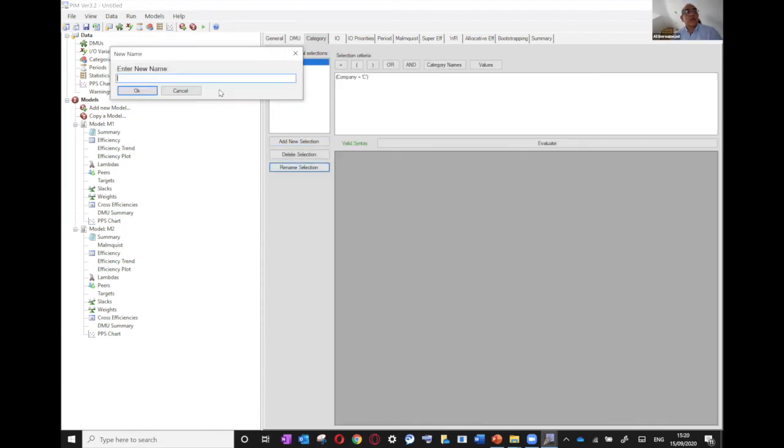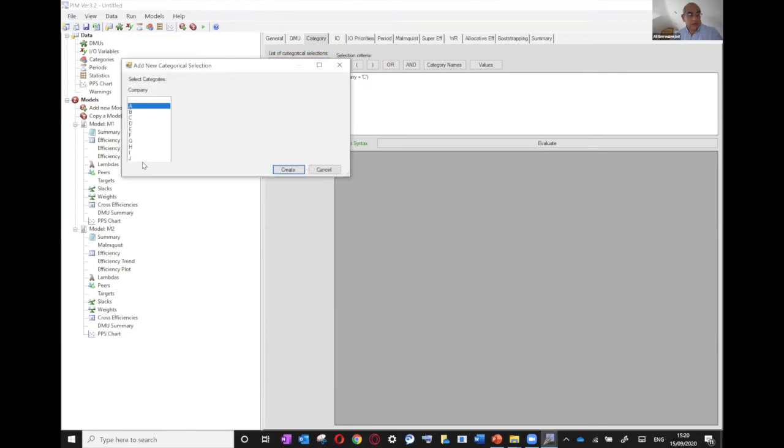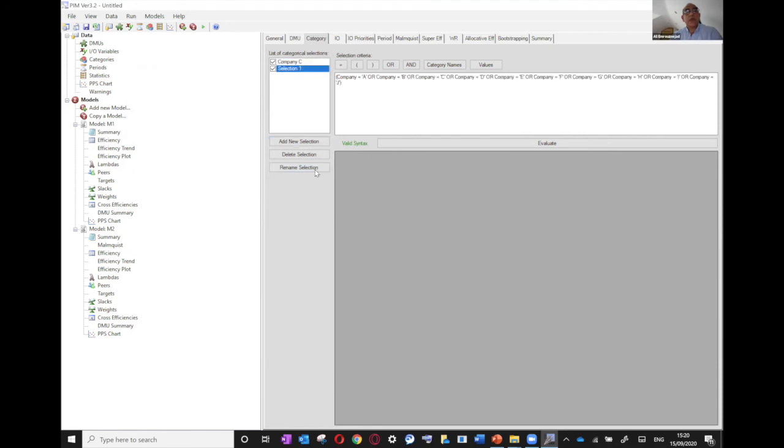Let's rename this for company C, and I also want to run this for all companies. So if I choose all companies here, this basically will run DEA once for all companies and once for company C.